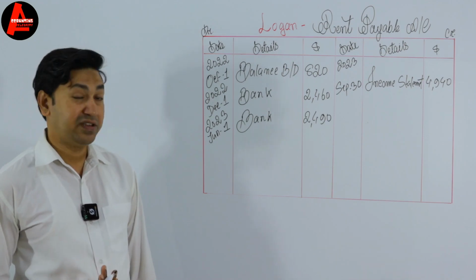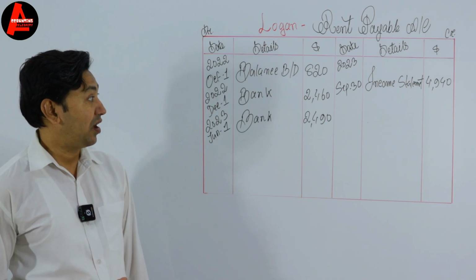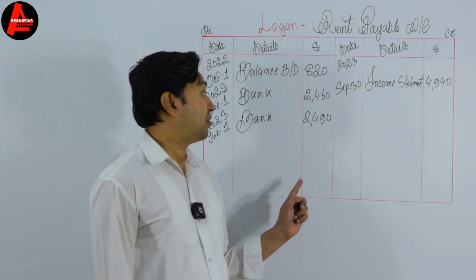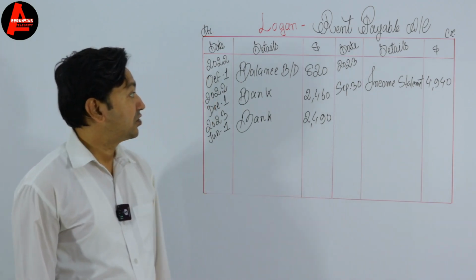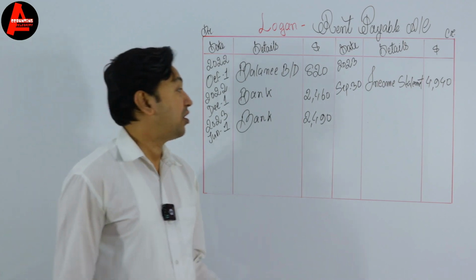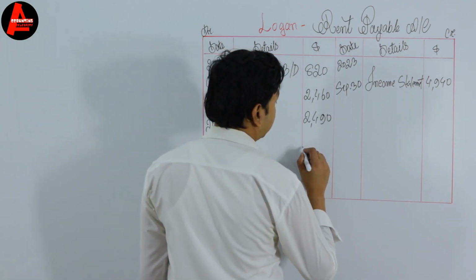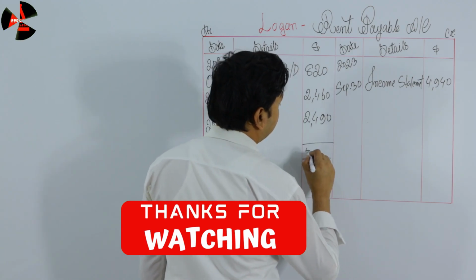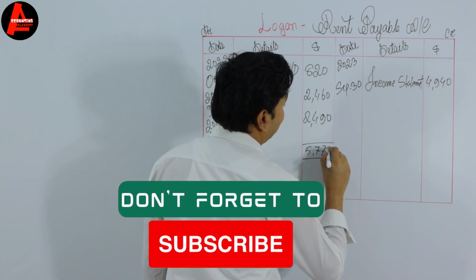Now we will balance it. We will check the difference between the debit and credit amounts. We check which column is greater in value, debit column or credit column. Here we see the debit column is greater, so let us sum up the debit column first. We get $5,770.